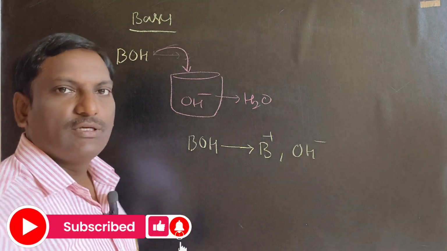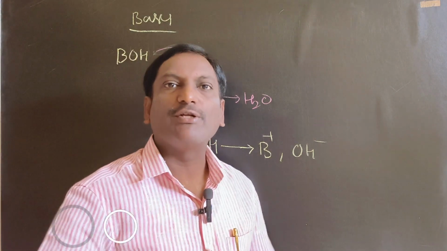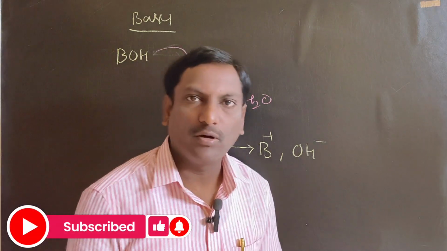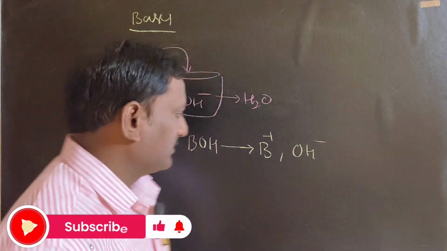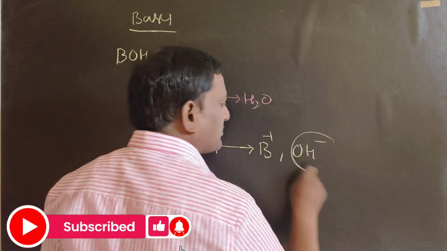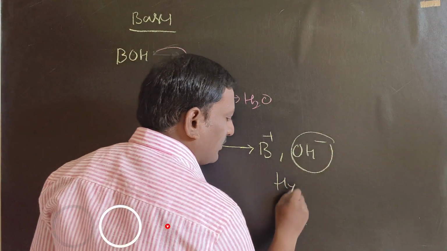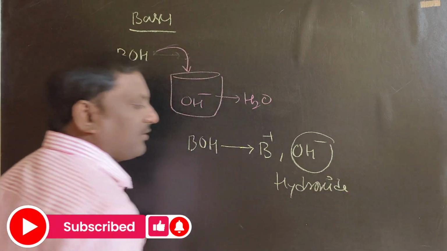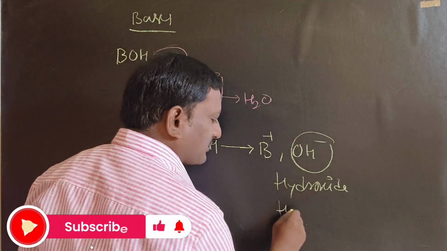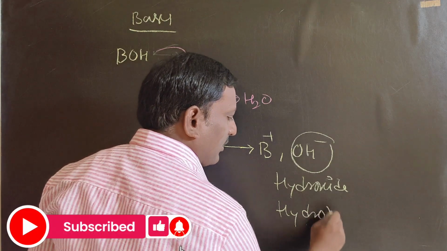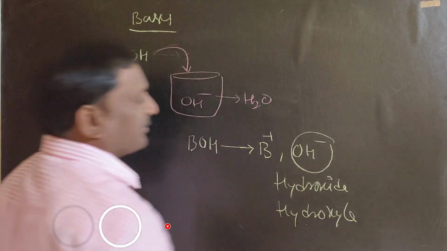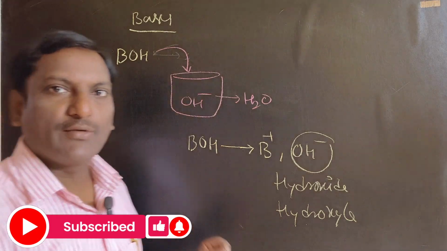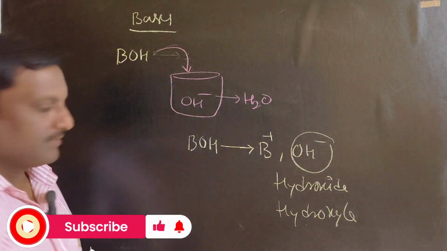According to chemistry, those chemical substances which are ready to produce OH minus ion when they are dropped in water are considered as bases. So OH minus ion is called hydroxide ion, also called hydroxyl ion. Please make a note of it.